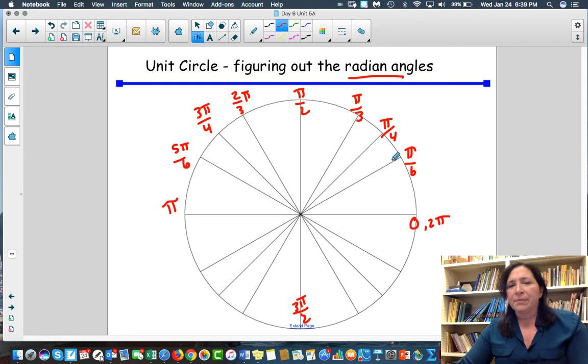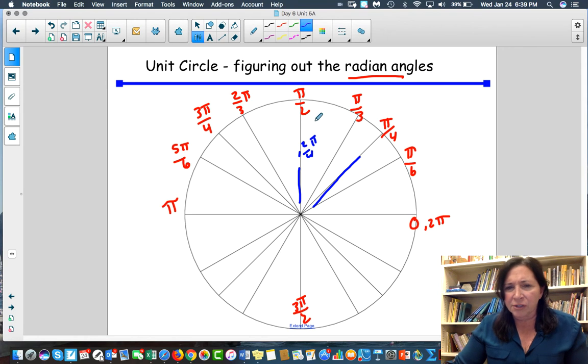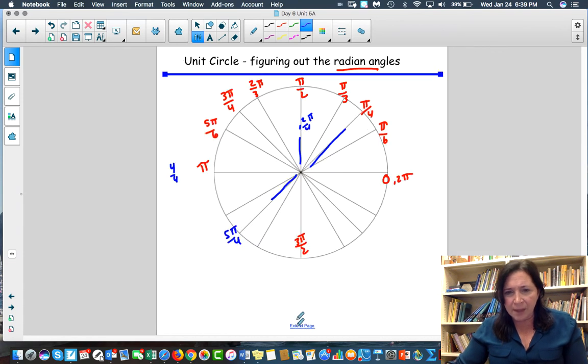Now, memorizing this is one thing, but also being able to figure this out and counting all the way around. Let's just look at this, the 45. So this is 1/4. This is 2/4. 2/4 pi is pi over 2. Then we have 3/4. Then we have 4/4. This middle line here, that's 4/4. This would be 5/4. And then keep going.